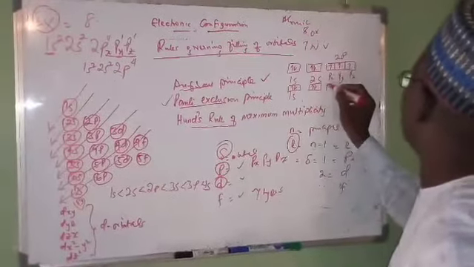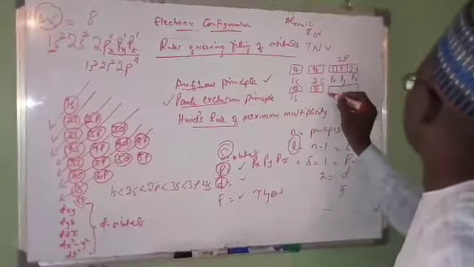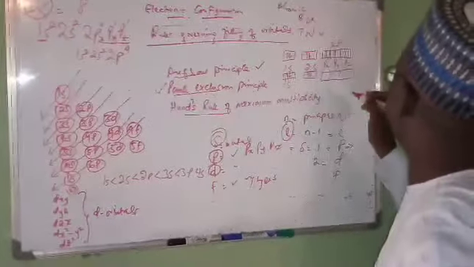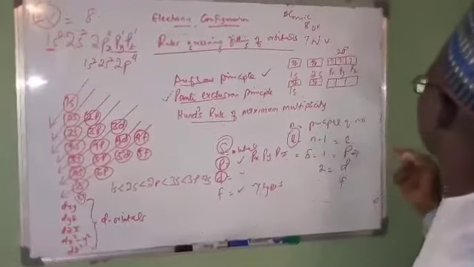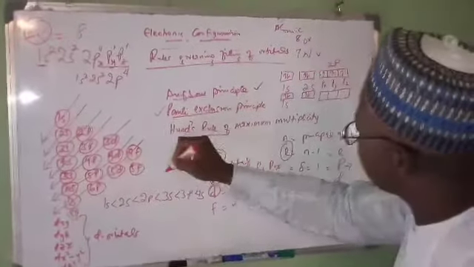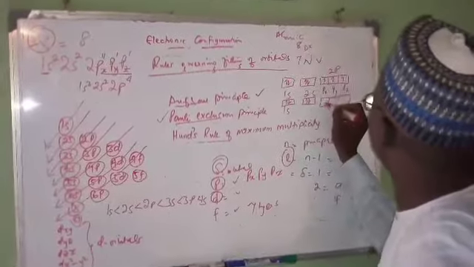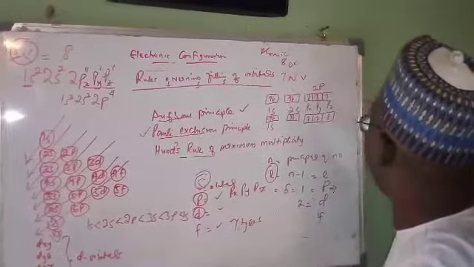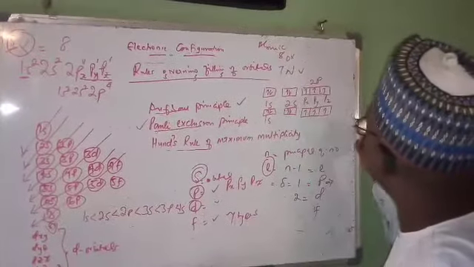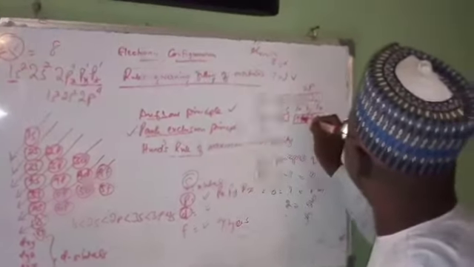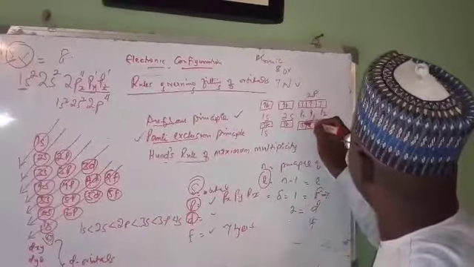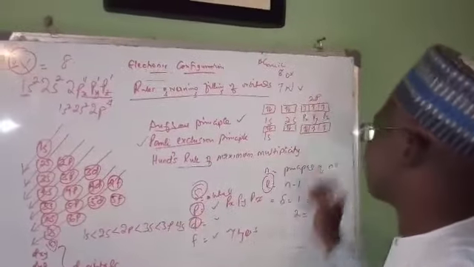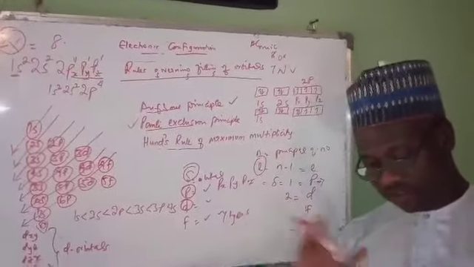For the 4 electrons, how many types of degenerate p orbital do we have? We have 3 types: the px, the py and the pz. So how do you fill it in? According to Hund's rule, you fill in singly, 1, 2, 3, and we have 1 remaining. The remaining 1 will go to the first, the px, before pairing, and the pairing has to be of opposite spin.